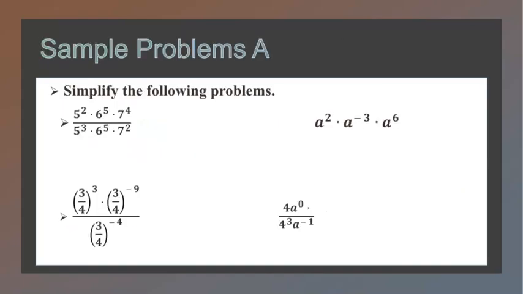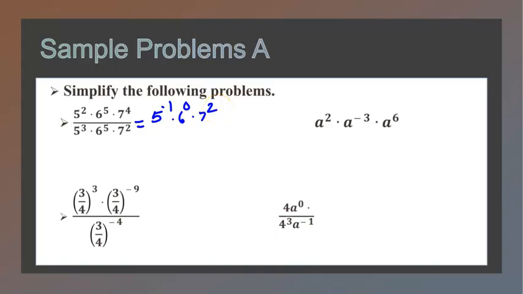Next, we're just going to simplify these. Here we have like bases, so 2 minus 3 is going to give us 5 to the negative 1st. Then 6 to the 5th divided by 6 to the 5th: 5 minus 5 is 0, so 6 to the 0 power. And then we have 7 to the 4th divided by 7 to the 2nd, which would be 7 to the 2nd power.